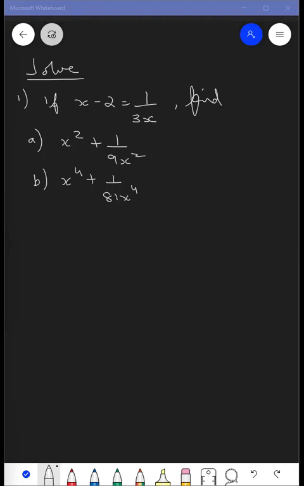If anyone is not able to answer, as usual, just raise your hand. But I'm expecting everyone should be able to do all these sums by now.